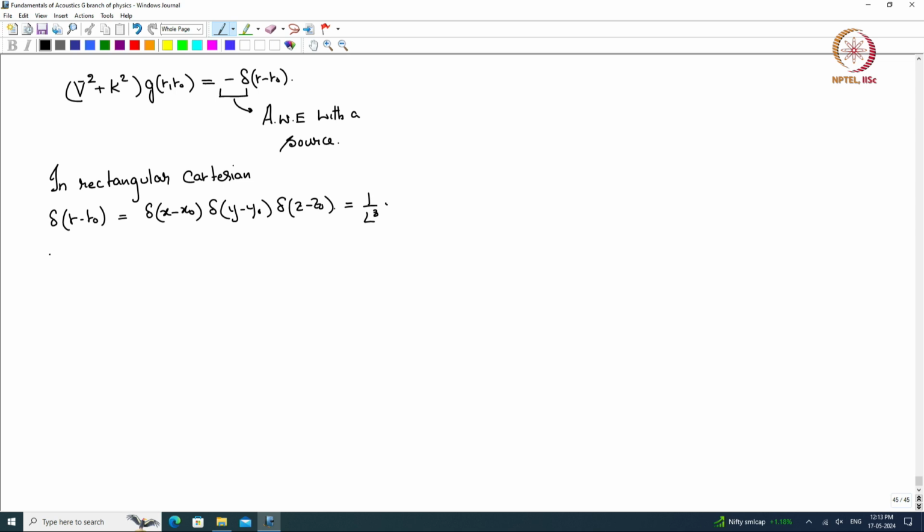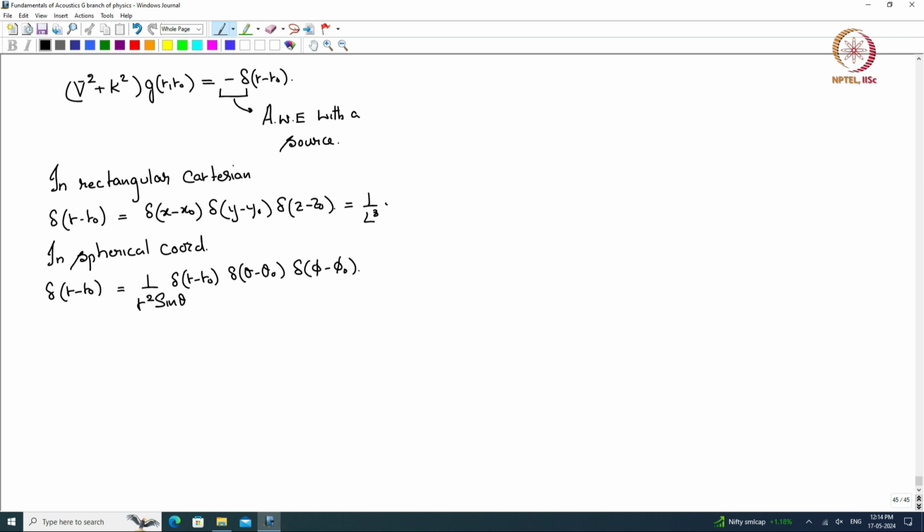Now in spherical coordinates, this delta looks like one over r square sine theta, delta of r minus r0, delta of theta minus theta 0, delta of phi minus phi 0.